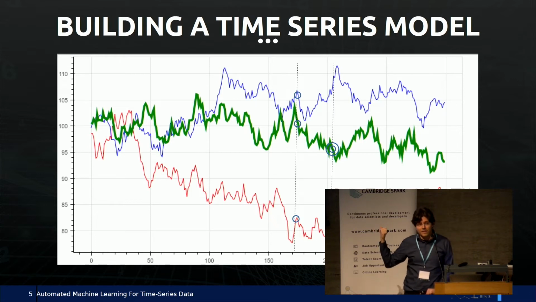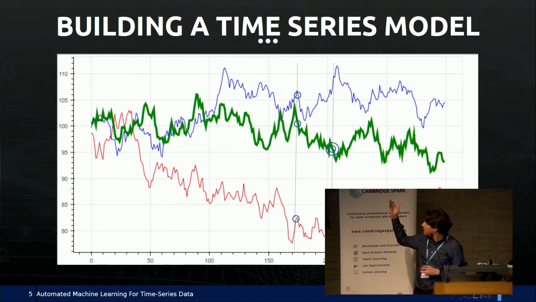What's driving our sales maybe isn't the amount that we spend on marketing, but the momentum that we have in increasing our marketing spend. Or maybe the stock price is actually driven by the change in Twitter sentiment, and not the absolute value of what the Twitter sentiment is today. So that's one example for why this kind of regression problem wouldn't work very well.